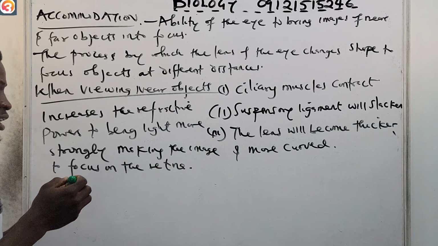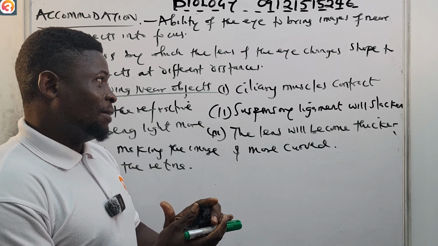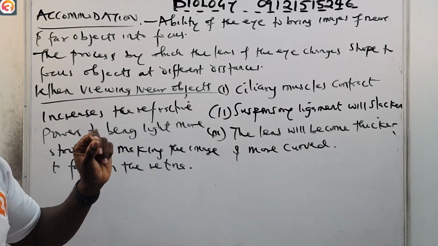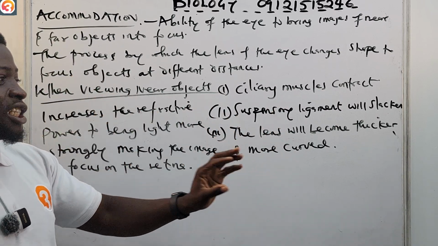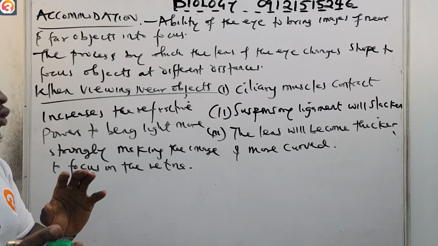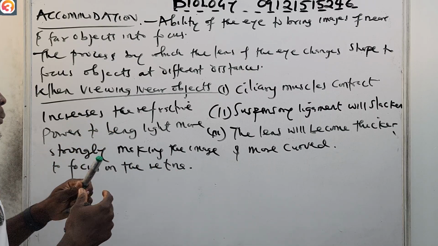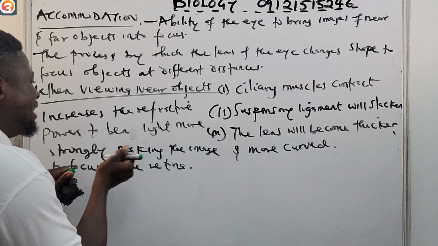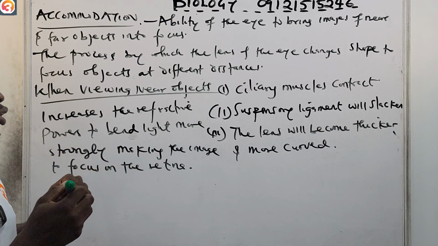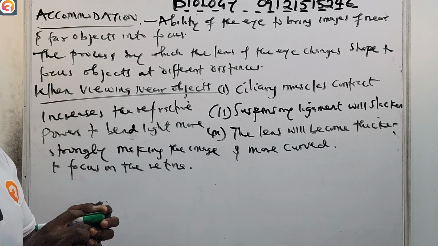So this is what happens whenever we view objects that are near. Ciliary muscles contract, suspensory ligaments slacken, the lens becomes thicker and more curved, increasing the refractive power to bend light more strongly, making the image focus on the retina.